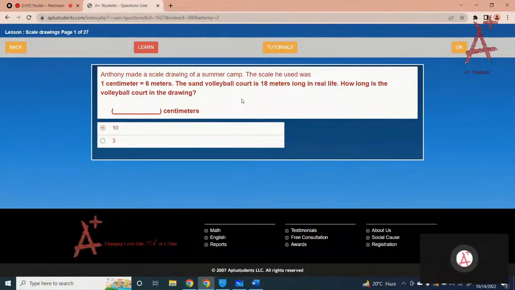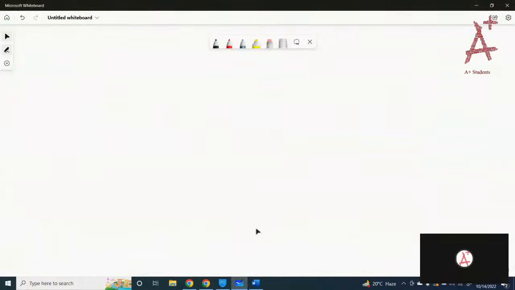The sand volleyball court is 18 meters long in real life. How long is the volleyball court in the drawing? Okay, the scale is 1 centimeter to 6 meters. Or you can write it in ratio form, 1 by 6.